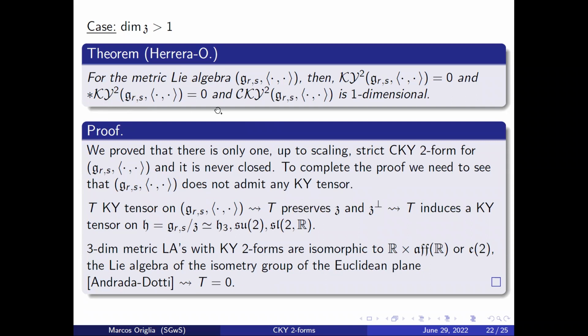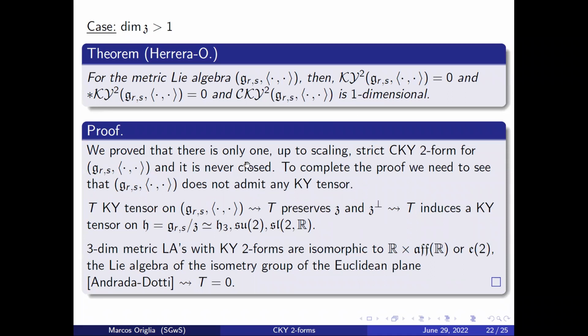So that's the difference with the previous case. Our examples of a strict conformal Killing 2-form are not closed, but they are also not co-closed. So it's not a combination of closed and co-closed as happens in the Sasakian case.